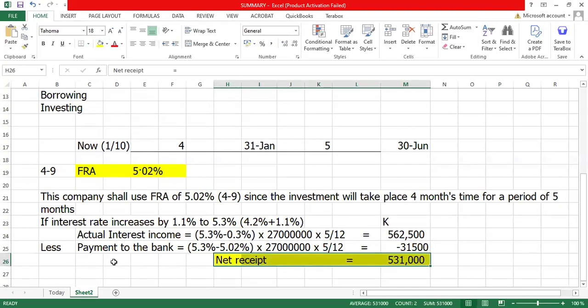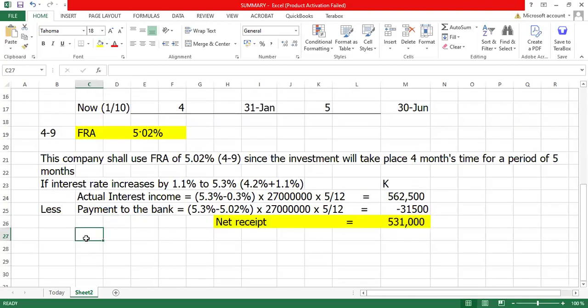Then finally, the final answer should be the effective interest rate. How do you get this effective interest rate? Because it will help you to know which strategy is better.